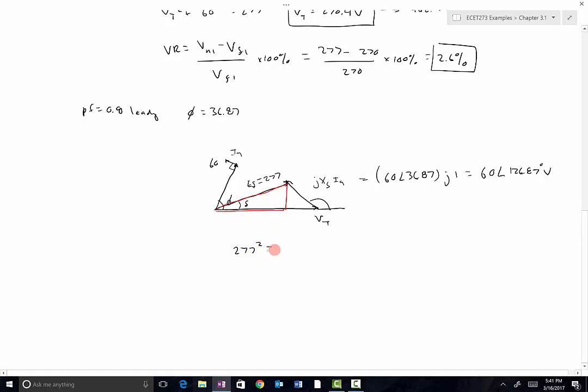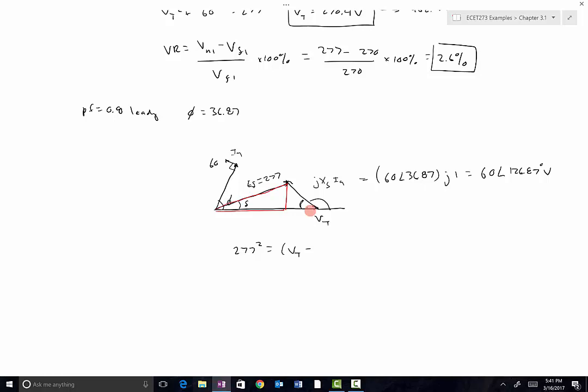The hypotenuse squared is going to be equal to the base, which is going to be VT minus, now pay attention here, I want to take the projection of this vector in this direction. So I don't want to use 126.87. I want to use its complementary angle right there. So that's going to be 180 minus 126.87.